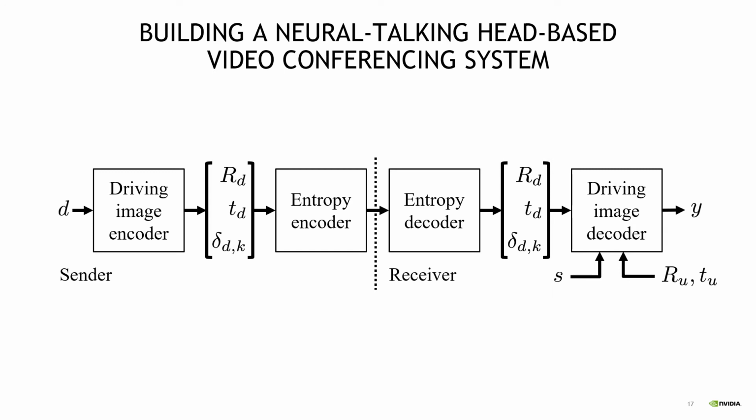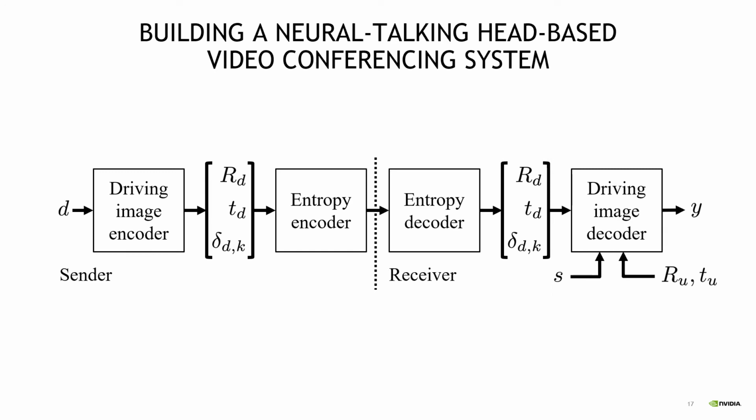In our neural talking heads model, we have a source image and the driving image. The source image will be treated as an I-frame and sent using the regular image compression algorithm.